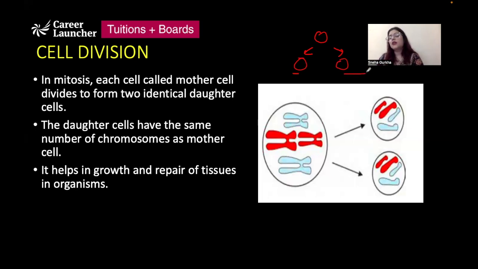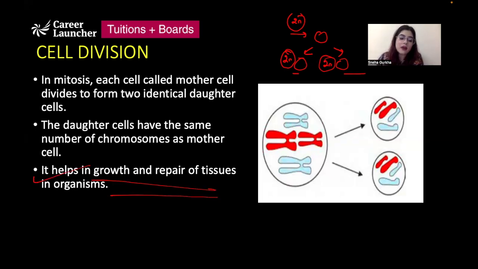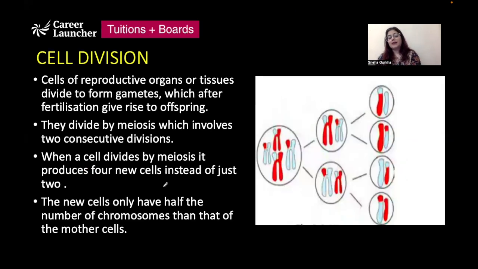The special thing about mitosis is that the chromosome number in the mother cell will be the same in the daughter cell. So the chromosome number doesn't change. It will remain the same in the daughter cell and the mother cell. And what is mitosis mainly used for? Growth and repair of tissues in the organism.